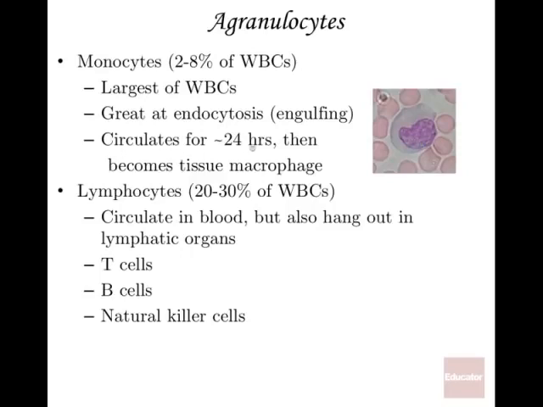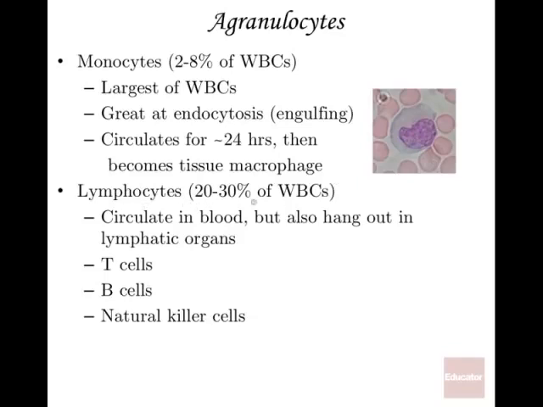They tend to circulate in the bloodstream for about a day, and then they end up in a tissue outside of the bloodstream as a macrophage. A macrophage means giant eater. Like I said, they are quite large, and you'll find macrophages roaming around in tissues, eating up stuff that shouldn't be there.